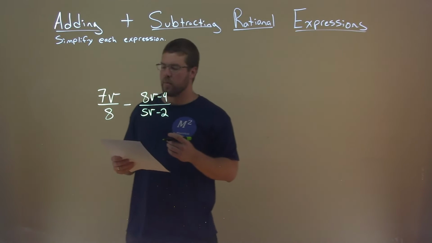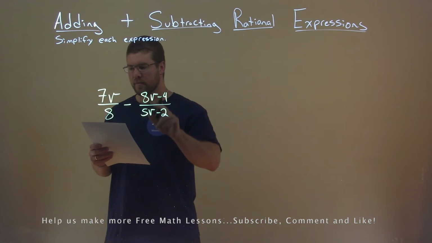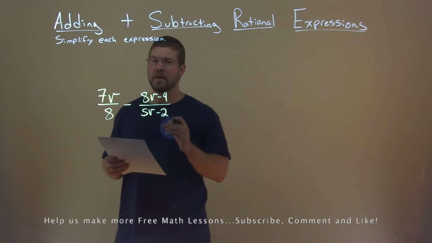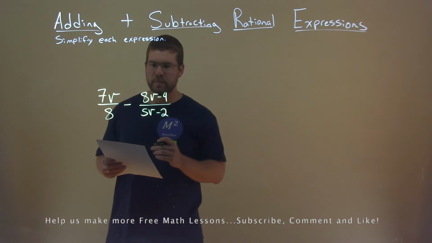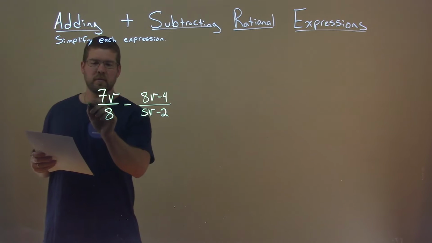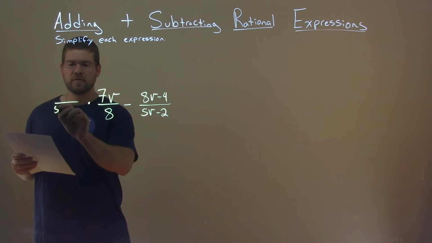We're given this problem right here. 7v divided by 8 minus 8v minus 4 divided by 5v minus 2, and we need to simplify this expression. Well, I need to have a common denominator. So a way I can do that is multiply the first fraction by the denominator of the second fraction over itself.